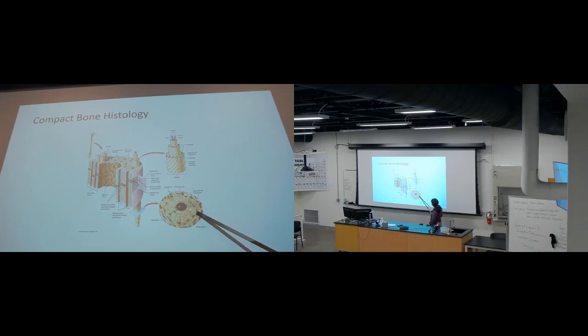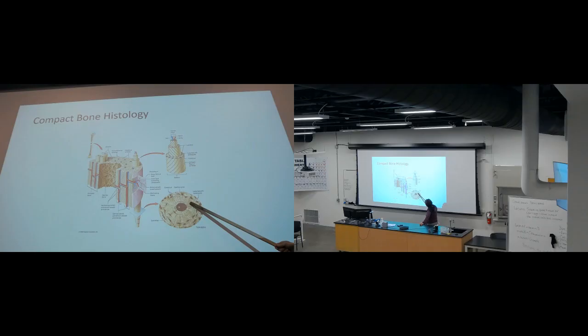Now, this is a light microscopy view of the osteons. So this is like making a cross section like this, and then you see it this way. What you can see there is the central canal or traversing canal, and these are the concentric lamellae.